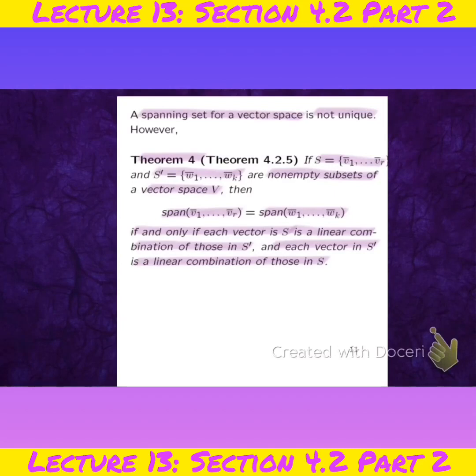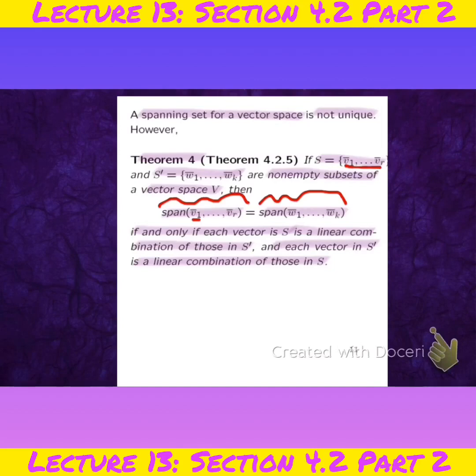Let us assume firstly that the span of S is the same as the span of S'. Why does it then imply that every vector in S is a linear combination of vectors in S' and vice versa? Well, if these two things are equal, let's take the vector V1 as an example. V1 is in the span of the set S, because V1 is a linear combination of itself.